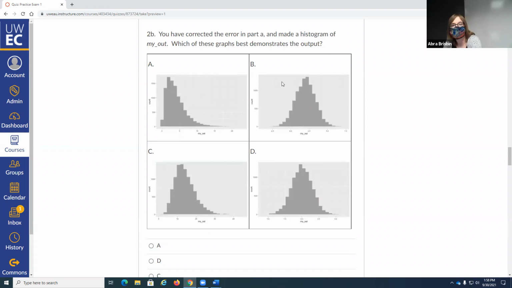So it can't be graph B or D. It can't be graph D because that's a symmetric graph, not right skewed. And it can't be graph B, both because it's a symmetric graph and because it has values less than 0 here. So it has to be one of graph A or C.